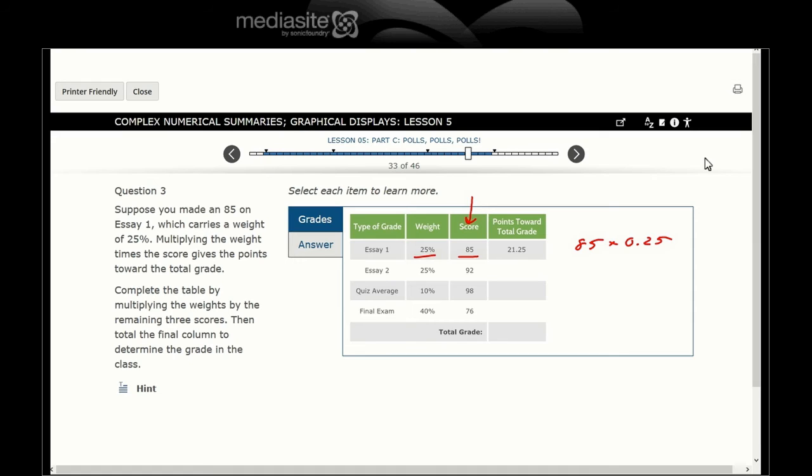All right. So in the second essay, you got 92, and again, it's 25% of your grade. So let's do it. 92 times 0.25 is 23.0. Average of quizzes, 98 with 10%.